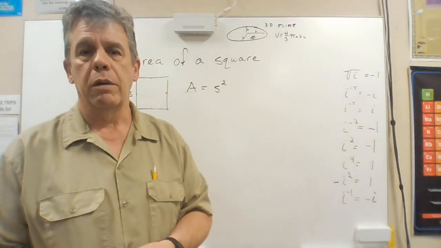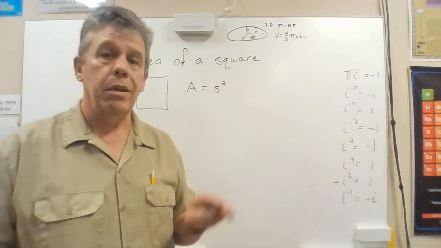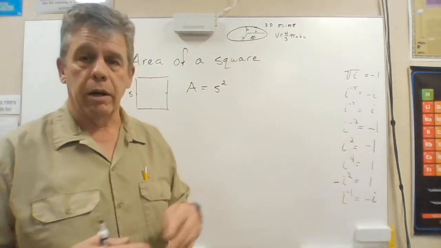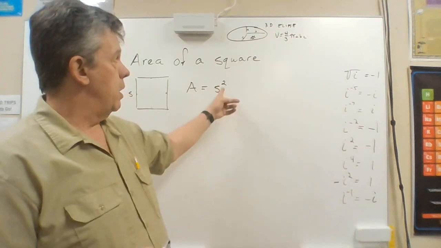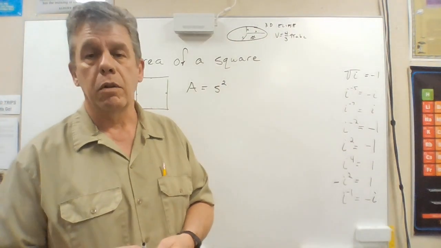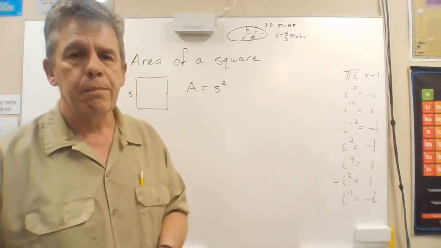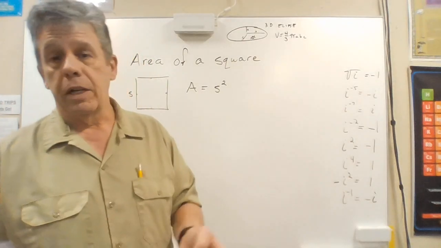So we can measure any square, find one of the side lengths, plug it into our machine for the letter S, then square it, which is what that index tells us to do. The number 2 is often interpreted as squaring something, and I'll explain that in a moment. And it'll give us the answer for the area.